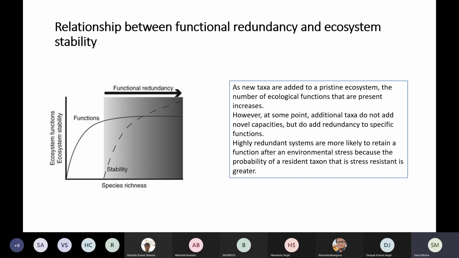As Ganga moves from Gangotri to the other areas, the microbial diversity index of those samples can serve as indices of the health of Ganga. Because as we said, microbial diversity is indicative of a very healthy ecosystem.